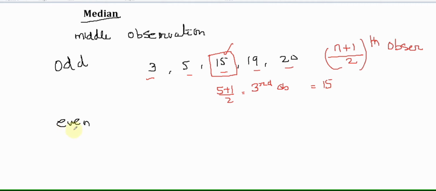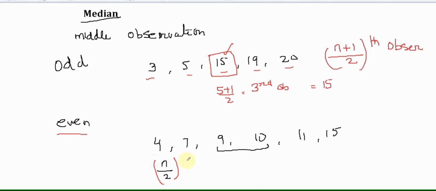In case I have an even number of data, suppose I take the data 4, 7, 9, 10, 11 and 15. Now you can see that in an even number of data there are two middle values. So the formula will be n by 2th observation plus (n by 2 plus 1)th observation, and this whole will be divided by 2.